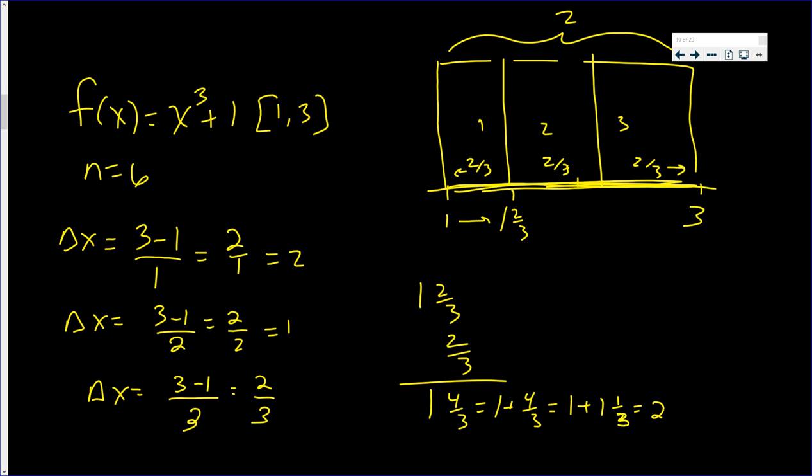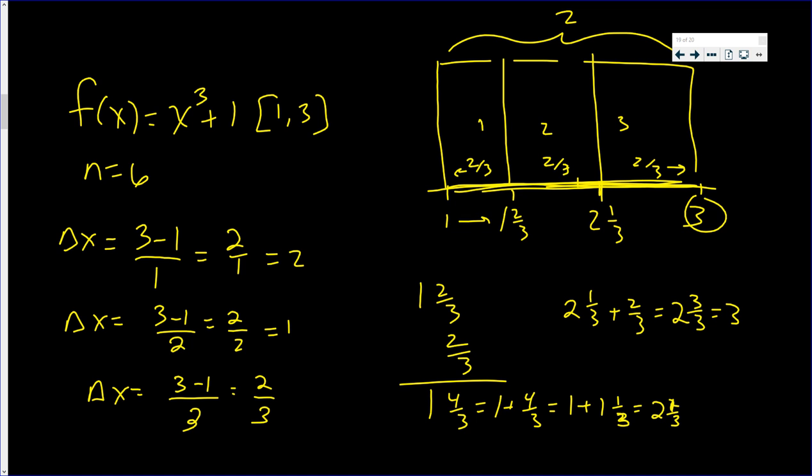So I get 2 1/3. This mark is 2 1/3. This is working like a charm, because if I add 2/3, then I get 2 3/3, which is 3, the endpoint.